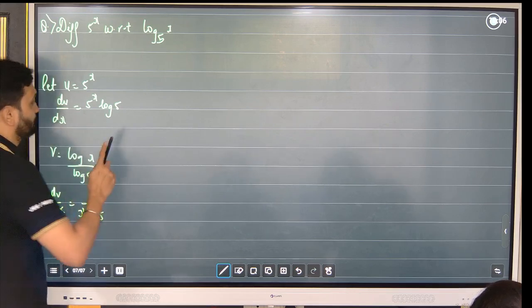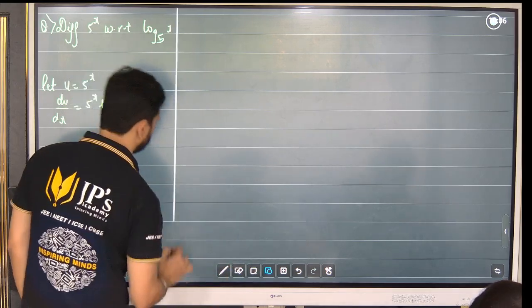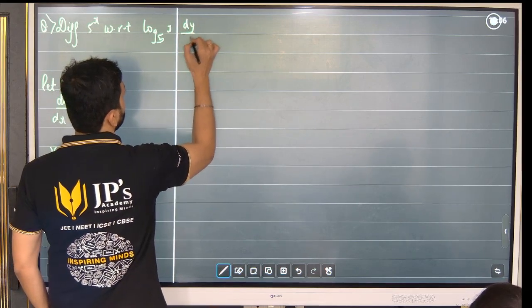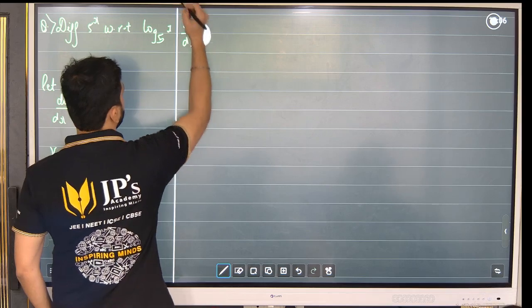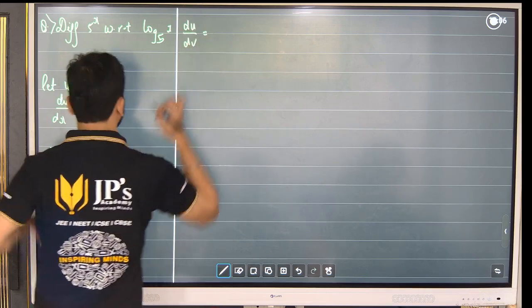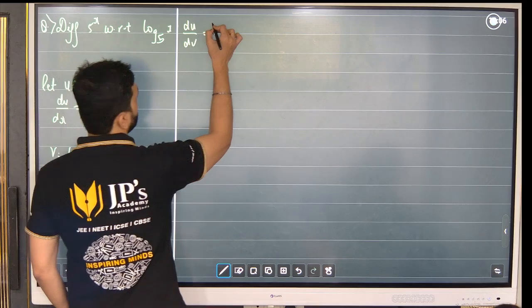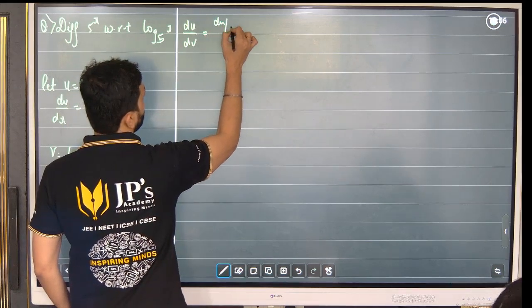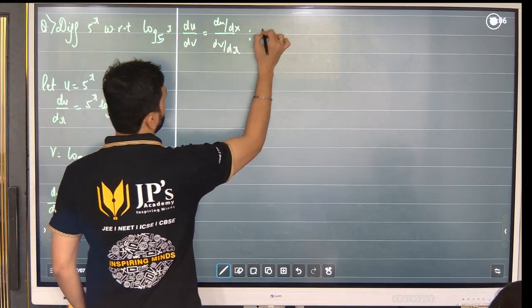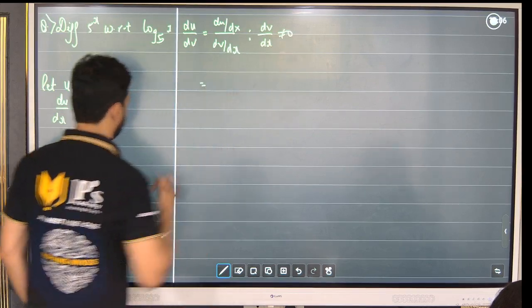And finally I will get therefore du by dv is equal to du by dx upon dv by dx, where dv by dx is not equal to 0.